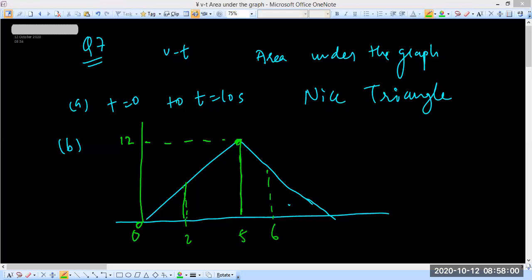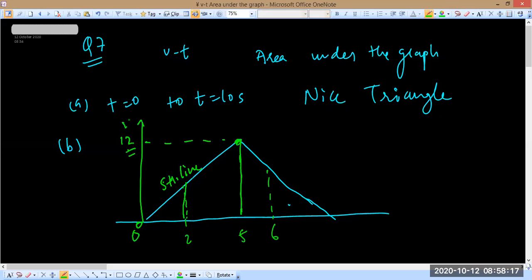Yeah. So I was saying that because this velocity here is 12 meter per second, if you want to find it for this parallelogram, you see here this graph is a straight line.